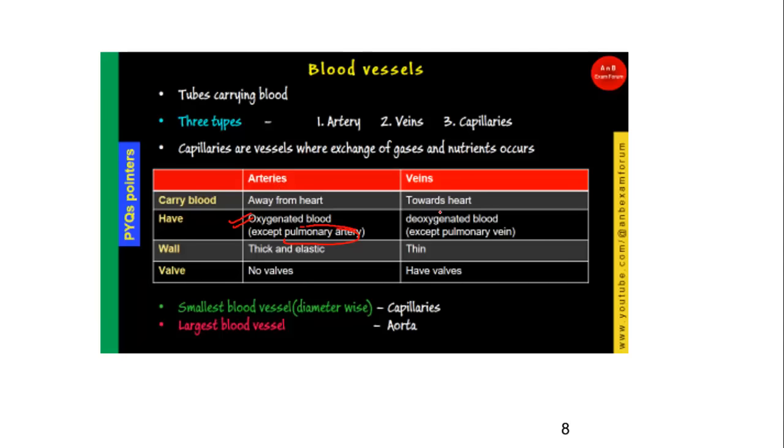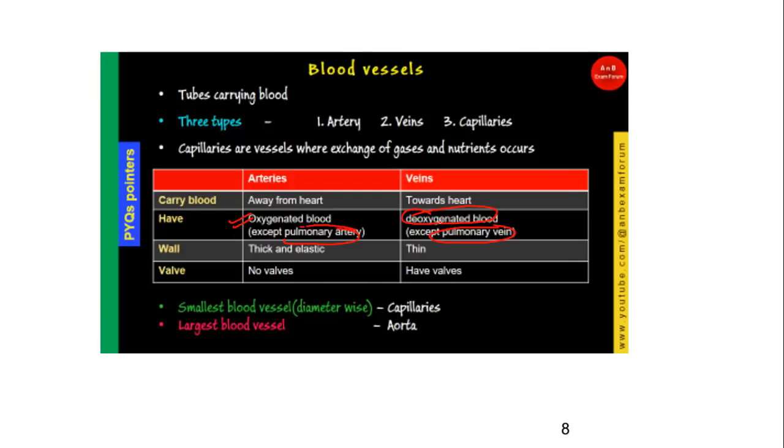Arteries have no valves, whereas veins have valves. Opposite to that, the veins basically carry deoxygenated blood, except the pulmonary vein, and it goes toward the heart. Why are they going towards the heart? Because it is deoxygenated blood, meaning it carries carbon dioxide.